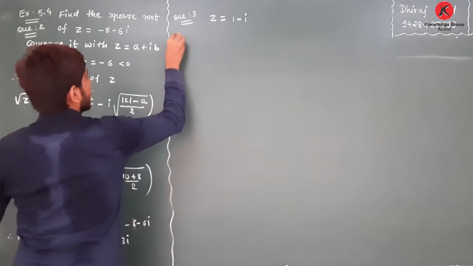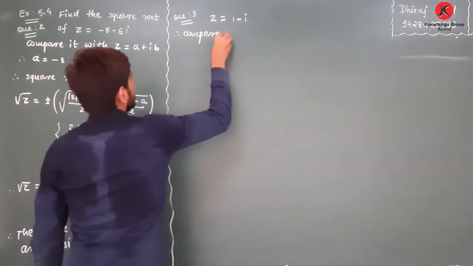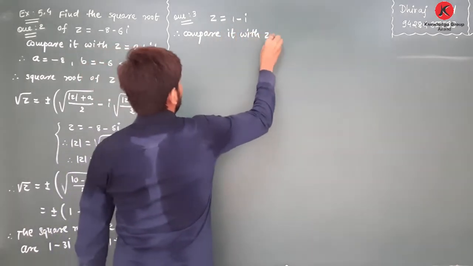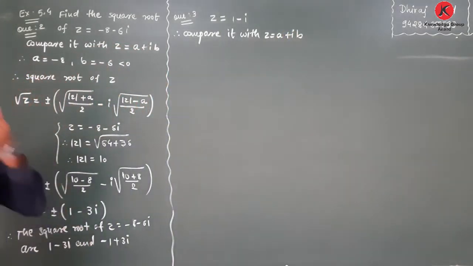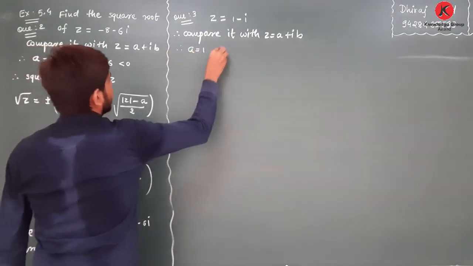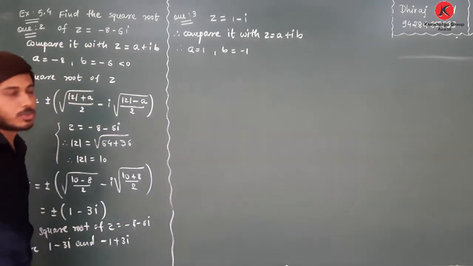Therefore, directly compare it with z equals a plus ib. Therefore we are getting a equals 1 and b equals minus 1. Check whether b is negative or positive.